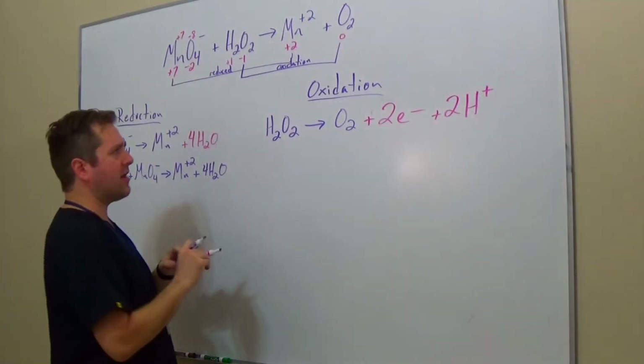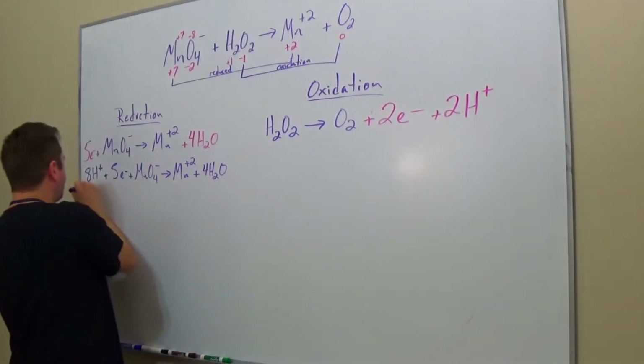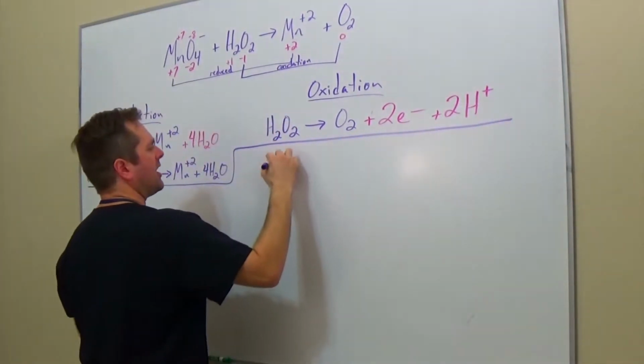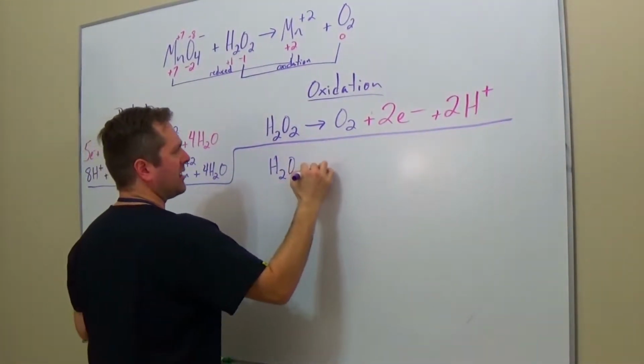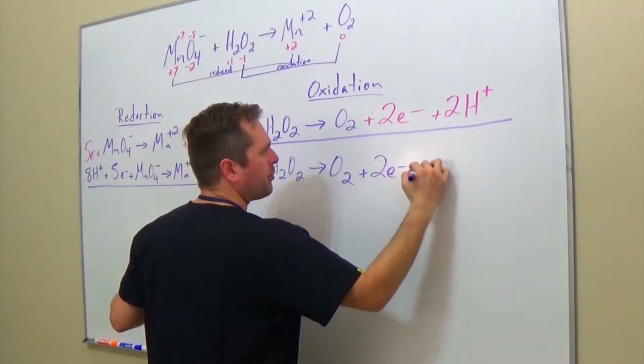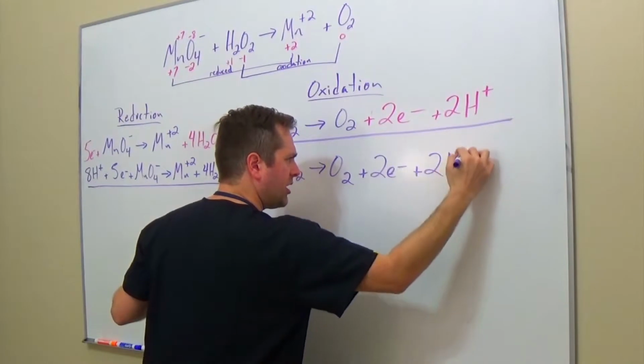So let's bring it down. And I'll set it off so it's easier on your eyes. And we'll say hydrogen peroxide yields oxygen gas plus 2 electrons plus 2 hydrogen ions.